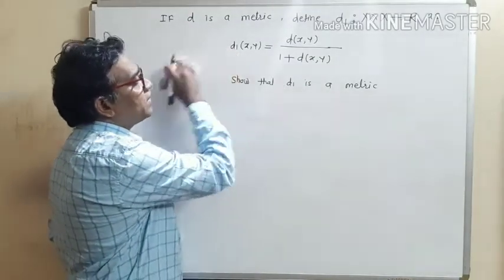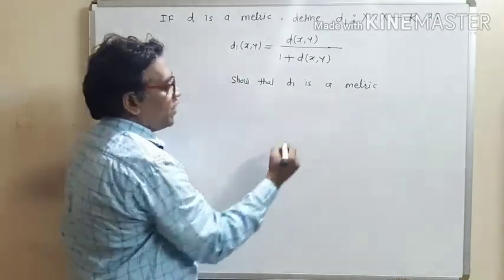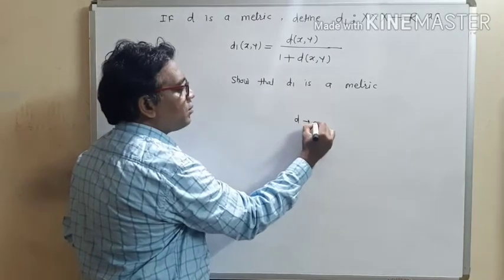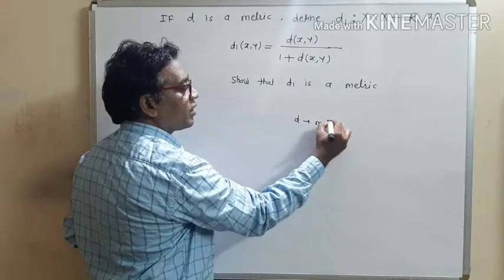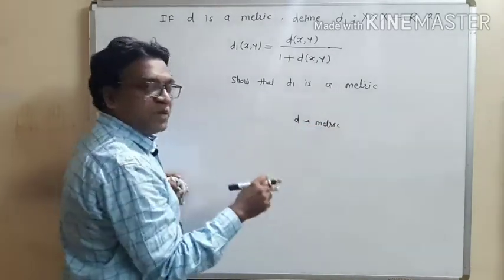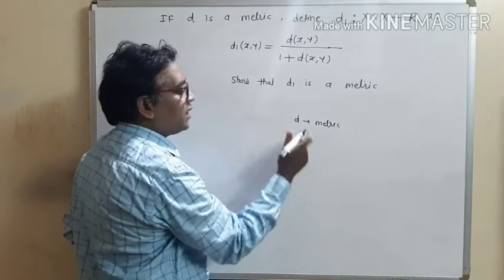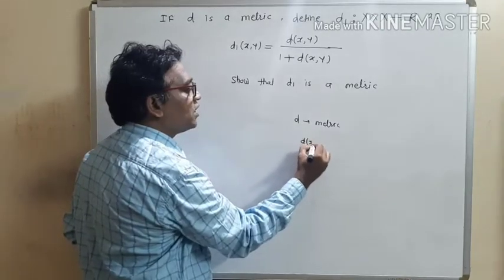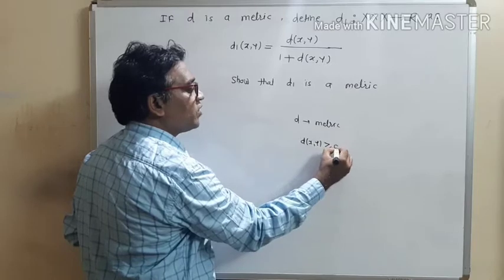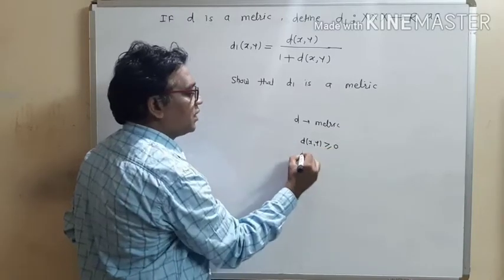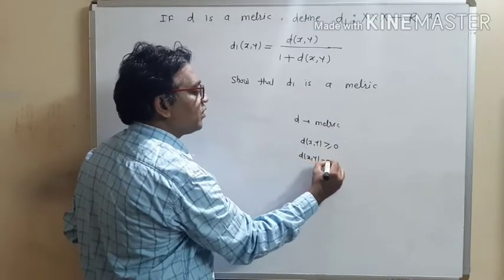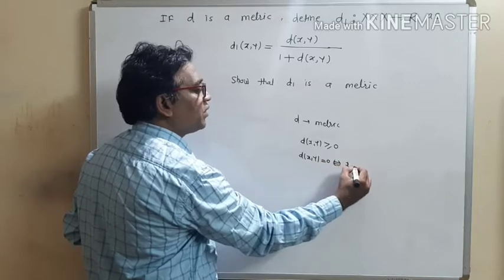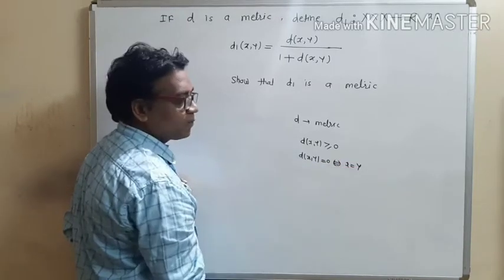Now see what is given. We are given that d is a metric. d is a metric means obviously d satisfies four conditions. Distance of x,y is non-negative. Distance of x,y is equal to 0 if and only if x equals y.